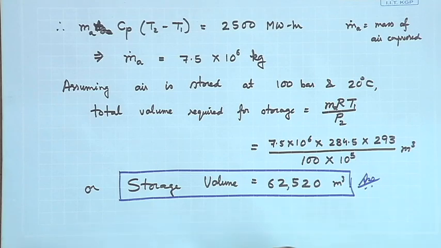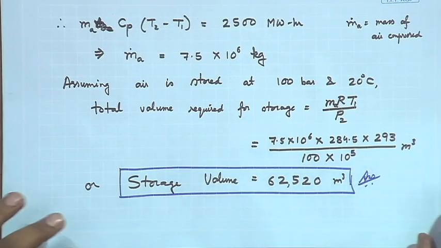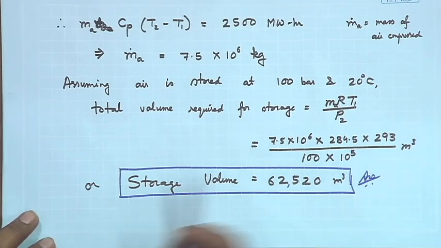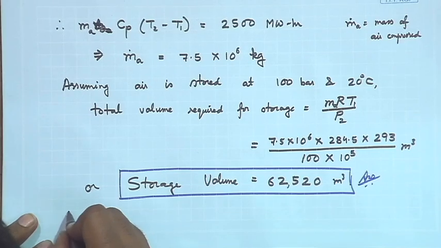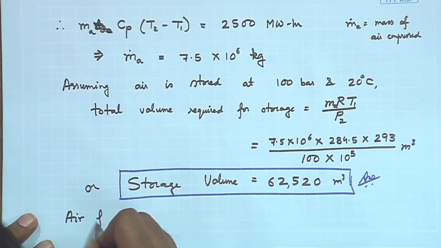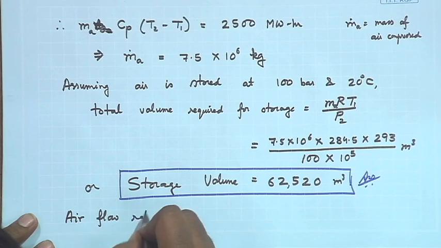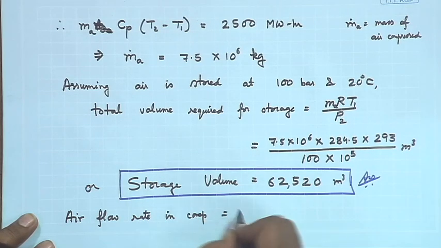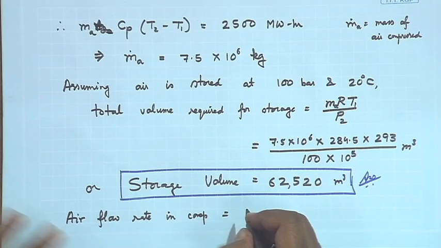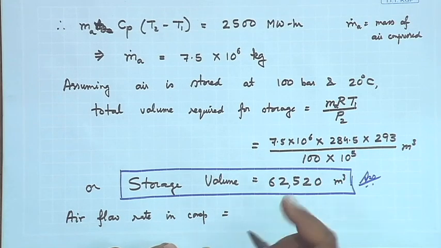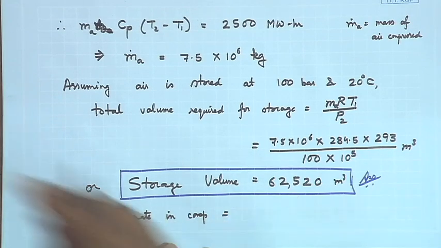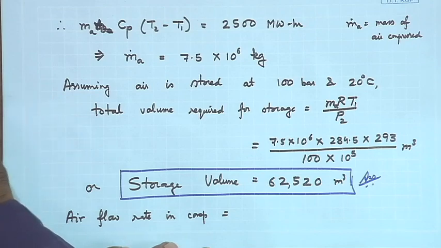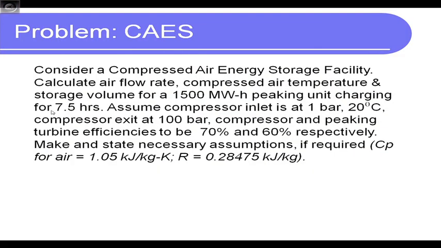And the last part is easy because they asked, whatever the last part was, calculate air flow rate. So, air flow rate in compressor is going to be what? The volume divided by 7.5 hours, that is given. The charging time is 7.5 hours here.